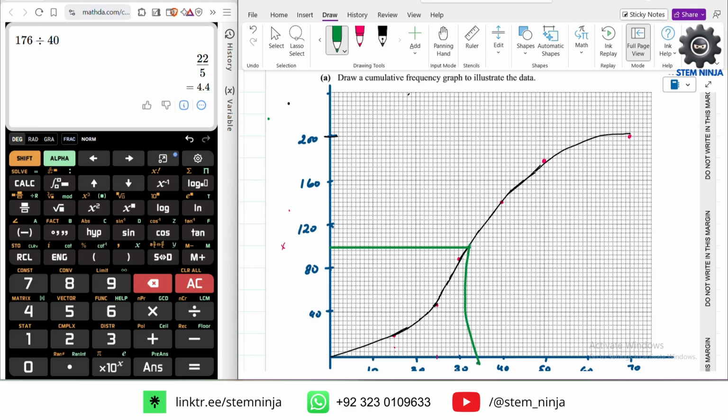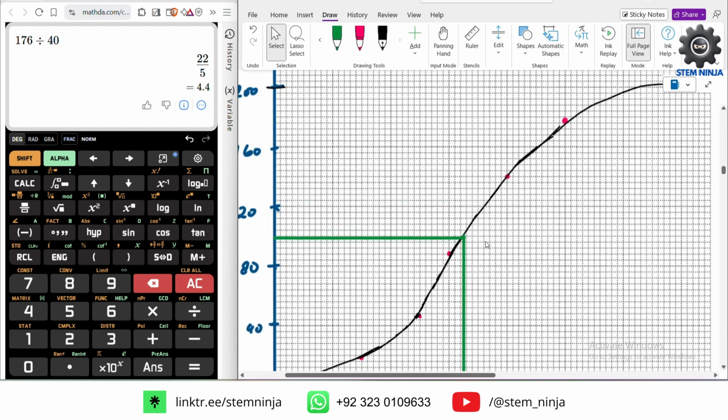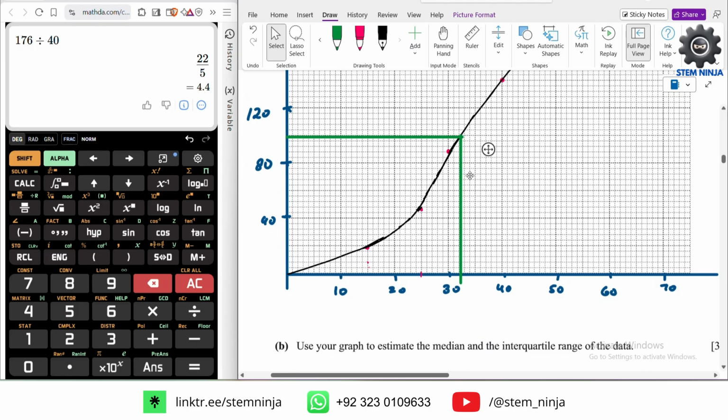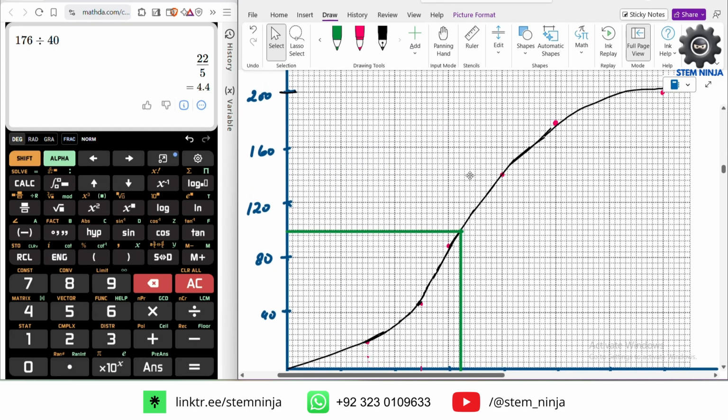So wherever it's meeting, let's go down. Actually, our graph is actually meeting right over here. Okay. And this is the median, right?